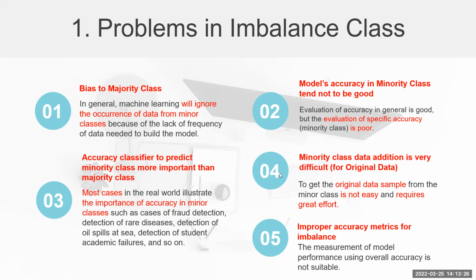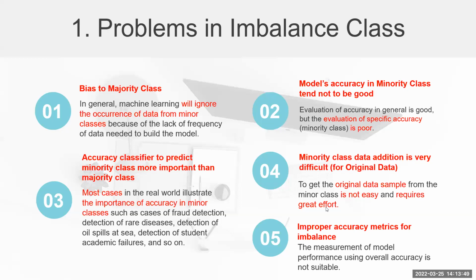Number 4. If you want to increase the accuracy, why not add more minority data, adding the data again? Actually, adding original data from the minority class is not easy. It's not easy and requires great effort.